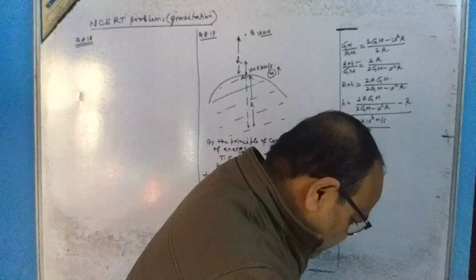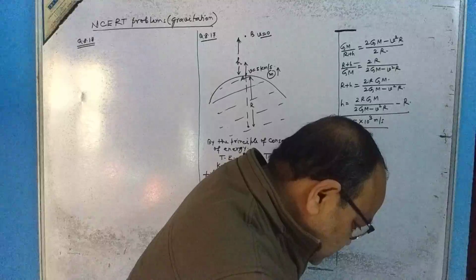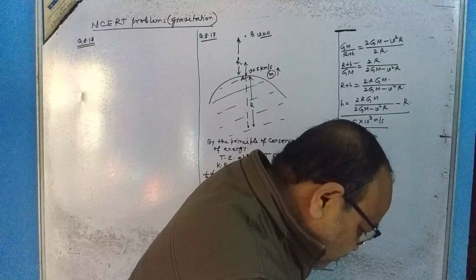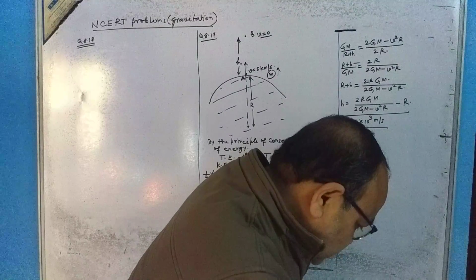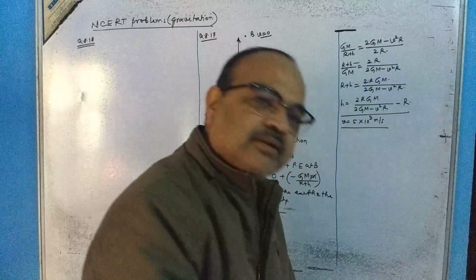A body is projected with thrice this speed. What is the speed far away from the Earth? Ignore the presence of the Sun and other planets. Okay, fine.